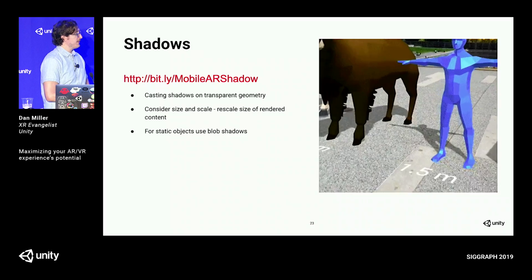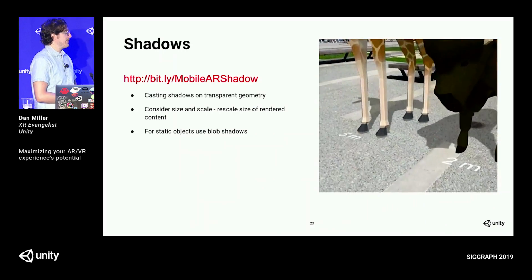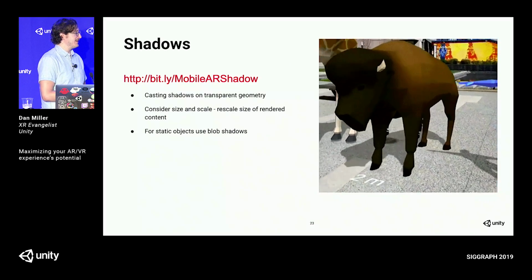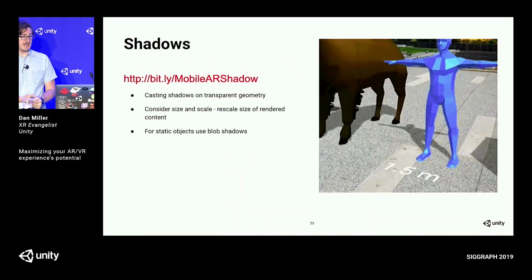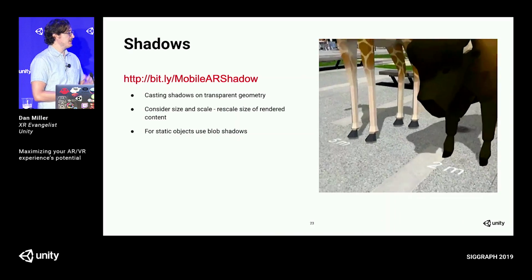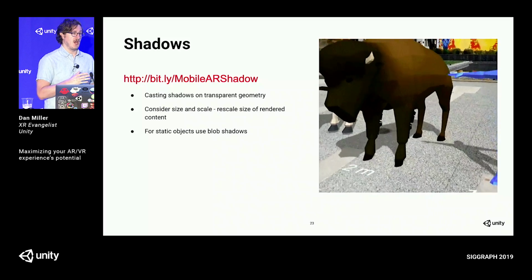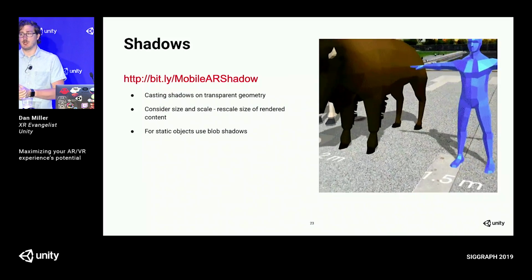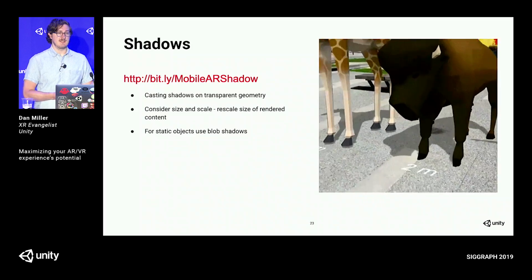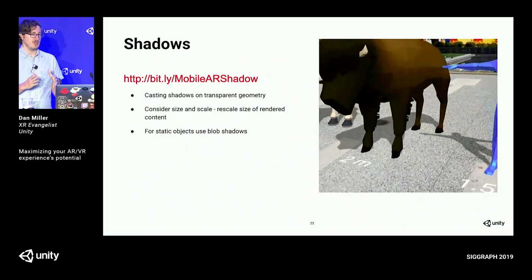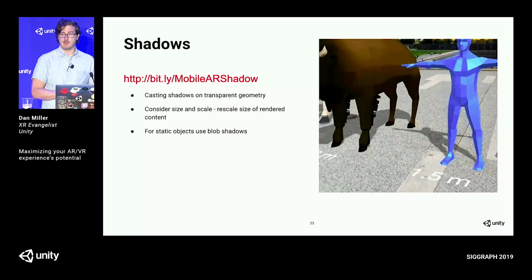So the next thing I want to talk about is shadows. This is something that I'm really passionate about. I try to keep it in mind in a lot of my AR projects. Similar to the occlusion, we originally shipped a shadow shader that came with our ARKit plugin. What this does is allow you to render shadows on transparent geometry.